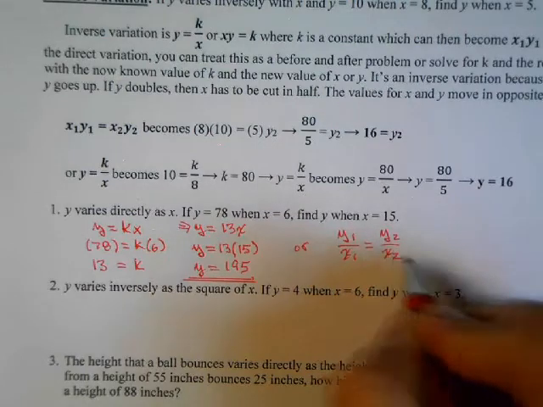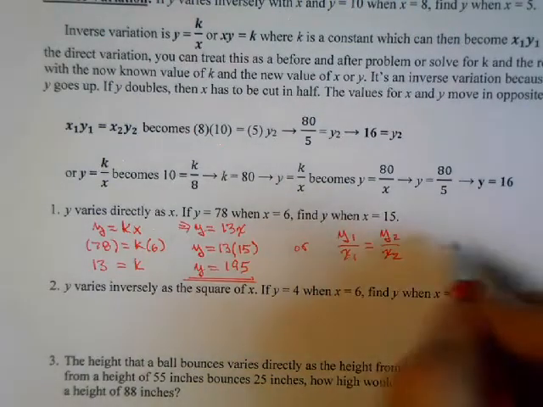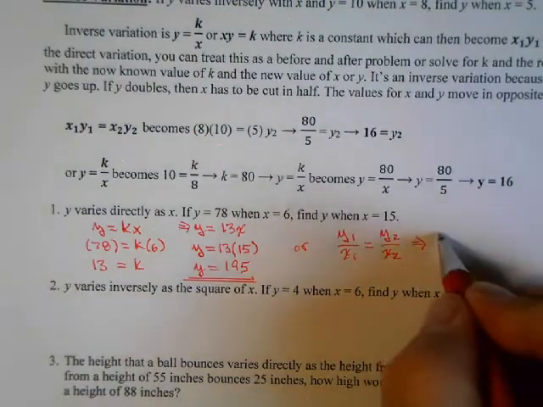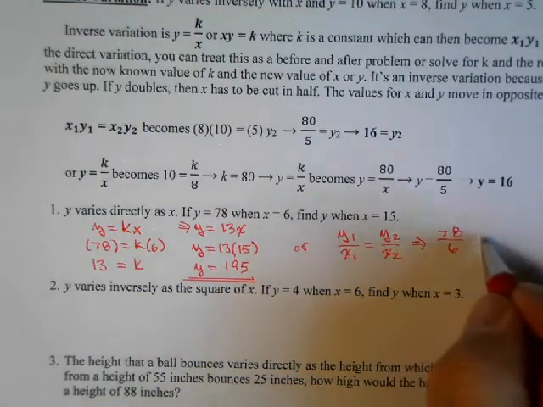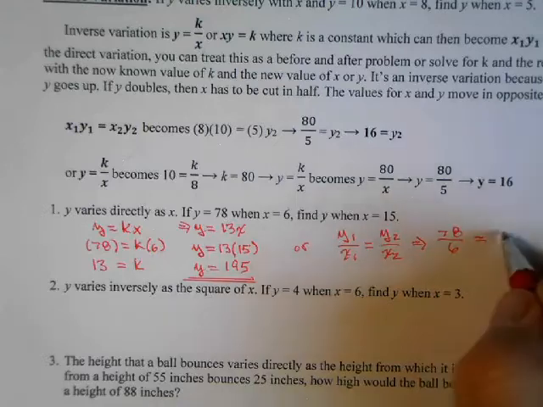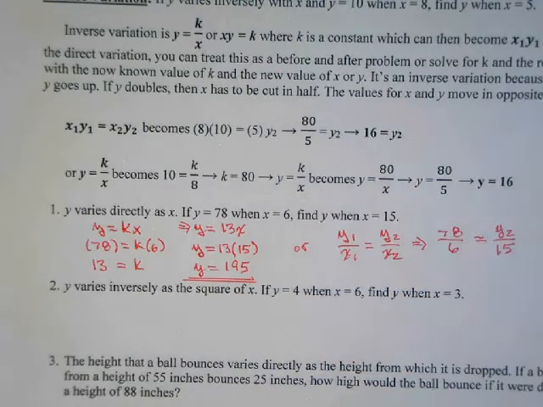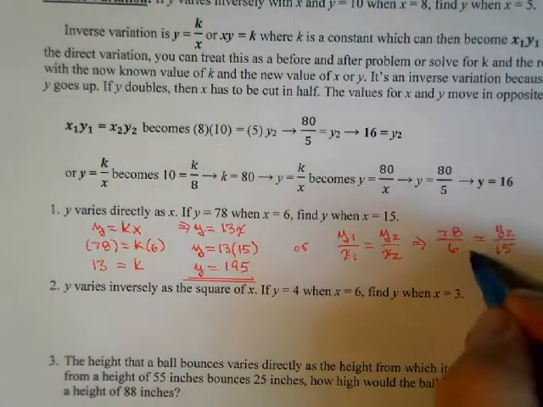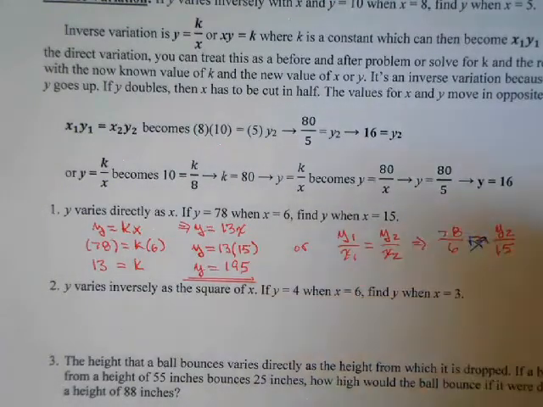The before and after. So that'll lead me to 78 over 6 is going to be y2 over 15. And again, I can do the cross multiplying. That's going to give me, let's see, 78 times 15 equals 6y2.